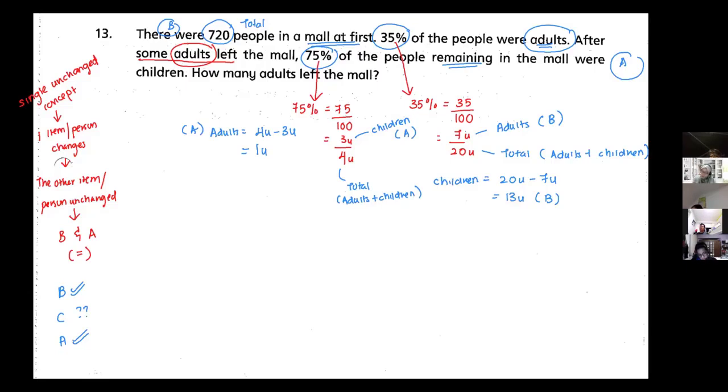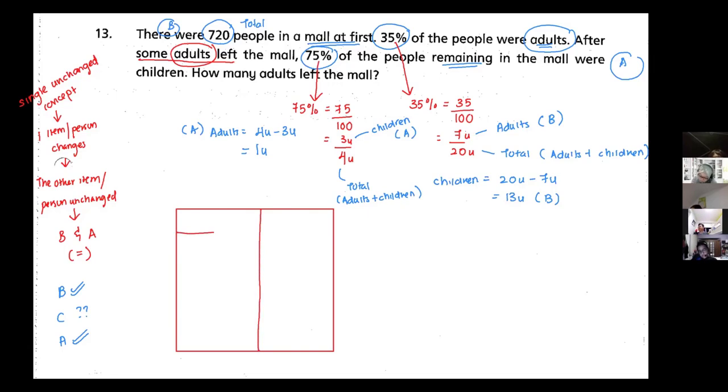Now, as usual, I draw out my box. I cut it up into two columns. I will have one as adults, one as children. And then B, C, and A. Okay, now we've drawn the lines and we're going to fill up. Let's look at before adults.